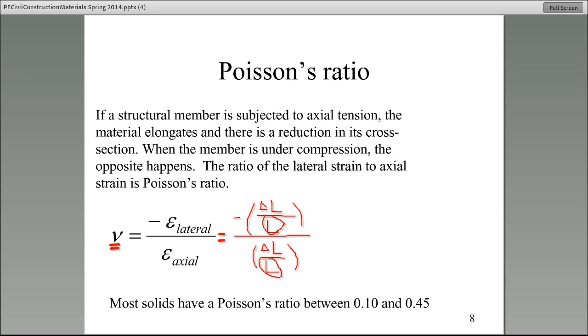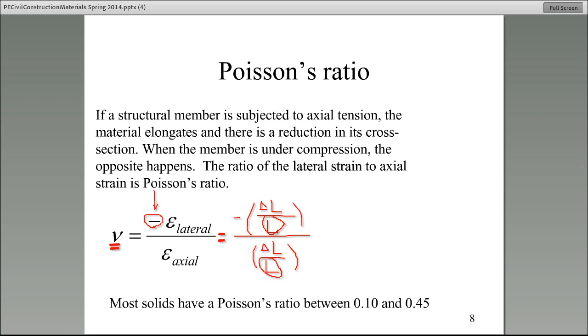length. Now, if somebody is asking why is there a negative, that's because if you squeeze an object in one direction, it actually bulges out in the other direction perpendicular. And if you extend an object in one direction, then it gets smaller or skinnier in the other direction. So that's why you always have that negative.